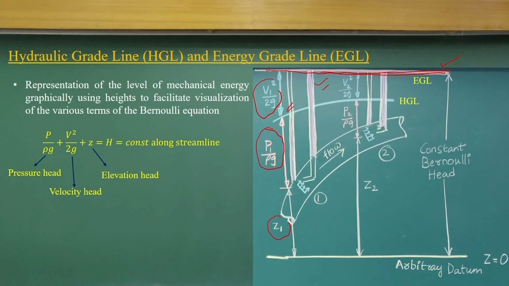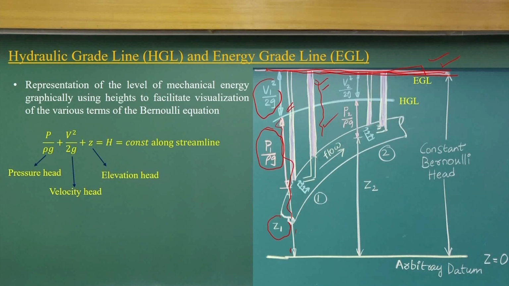So, definitely there will be a slope of the energy gradient line, and that is what drives the flow. You have an energy gradient line, and you can use a pitot tube and piezometers to measure the hydraulic gradient and the energy gradient line, and then we can sketch it.